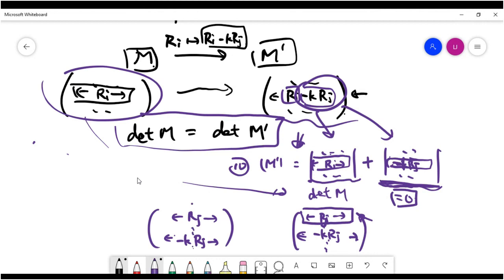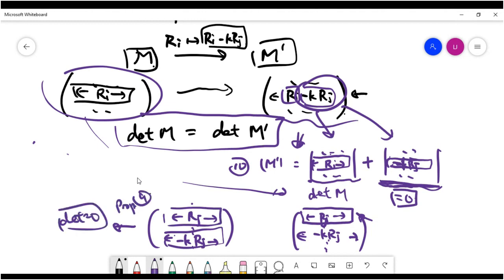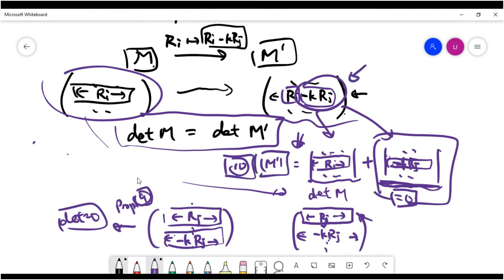We have explained this already in a previous property, which is basically property 9. Property 9 explains that if one row is a multiple of another row, the determinant must be 0. So if you combine the two previous properties, 9 and 10, we arrive at the fact that this second determinant must be 0. It means the determinant of M prime must be the same as the determinant of the old one. You see they are the same. It's quite a surprising fact, and that's the end of this video.